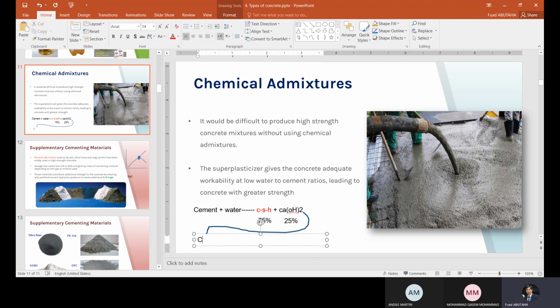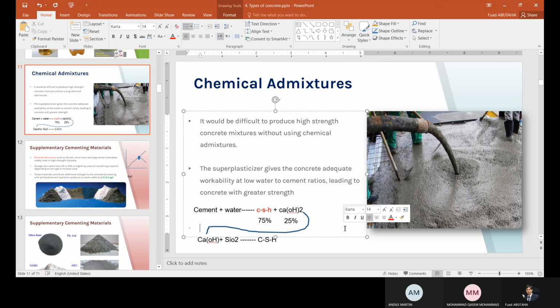So this is calcium hydroxide plus silica, and it will give us calcium silica hydrate extra.